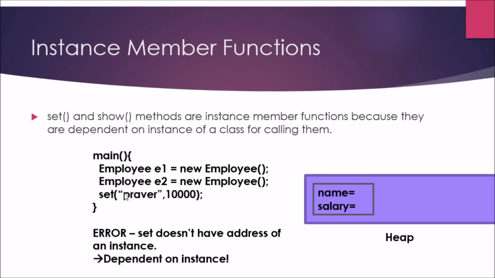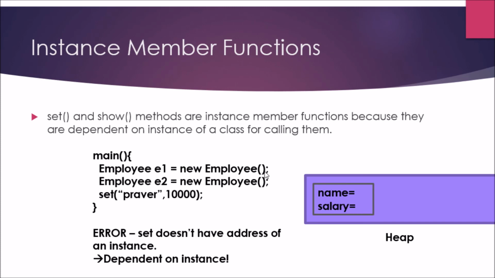The set method cannot be called on its own because it needs an instance to operate on. If you call this instance member function without using an object, you will get an error like set does not have the address of the instance. So it is dependent on the instance.